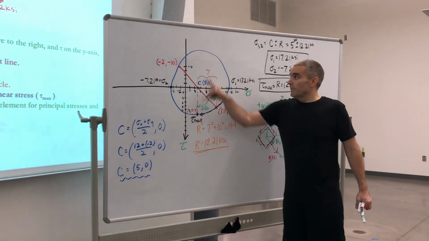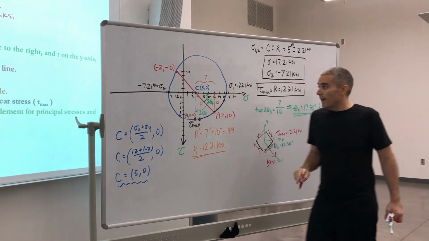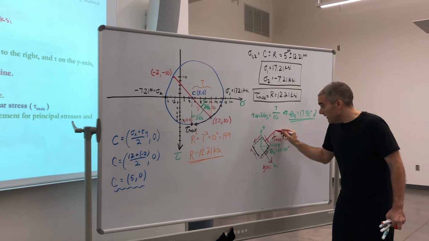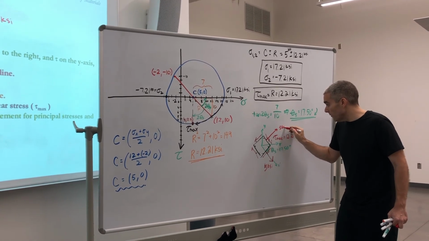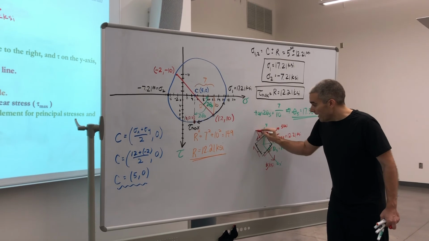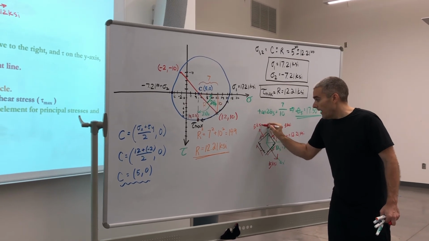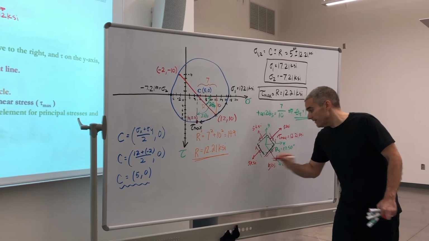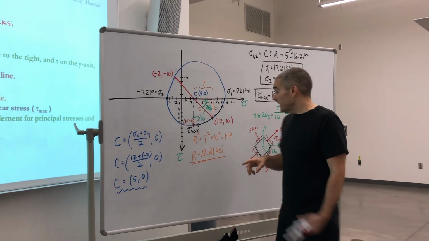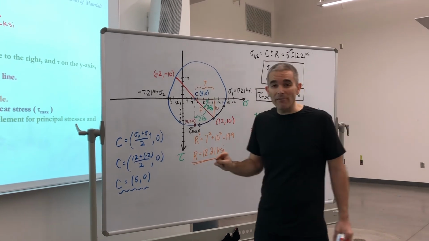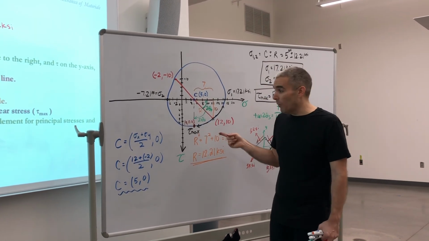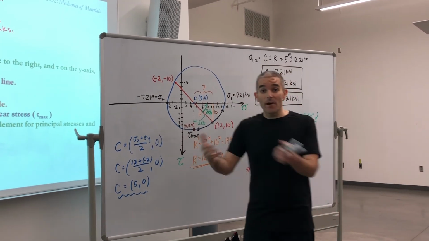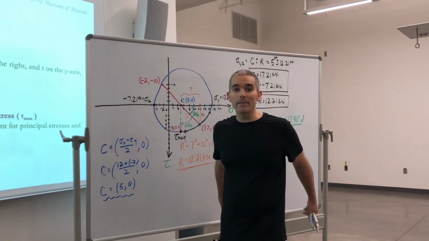And then we have the equal and opposite on the other side. So on the other face, sigma y prime, we also have 5 KSI. And if you go back to our previous lesson, you'll know that we said that this value was sigma average, which is sigma x plus sigma y over 2, which is the center of our circle, or 5 KSI. So this is all coming together. Mohr Circle helps make that happen.